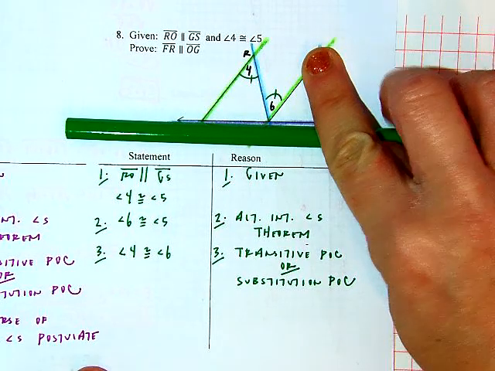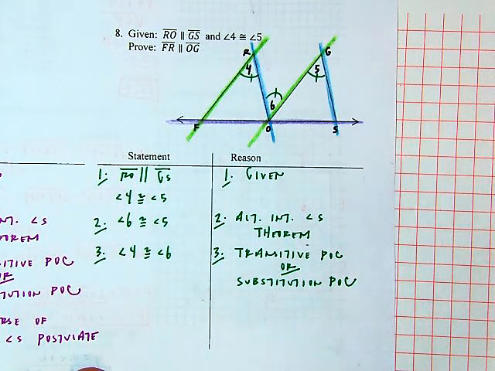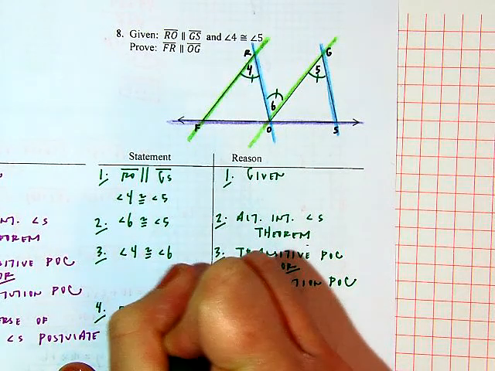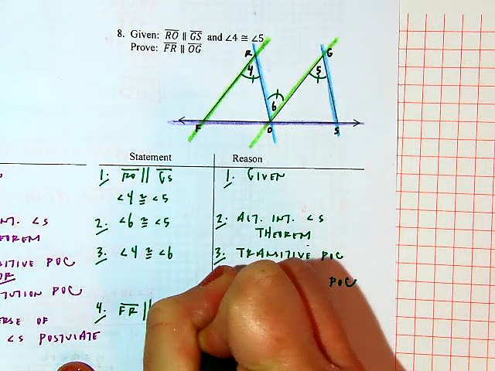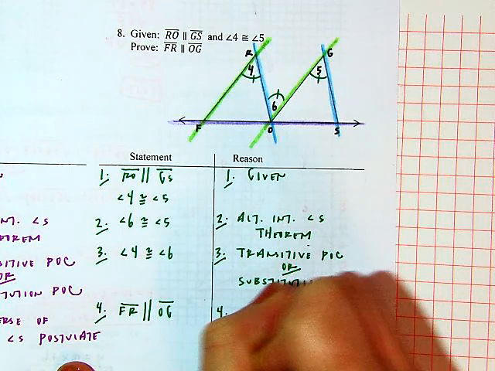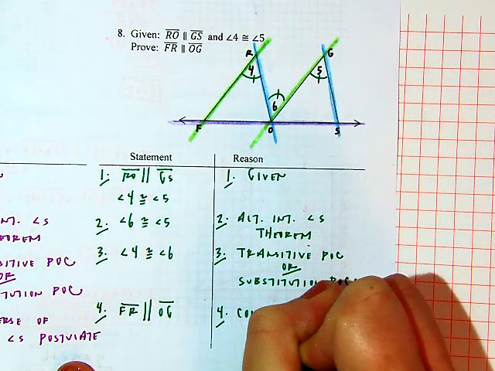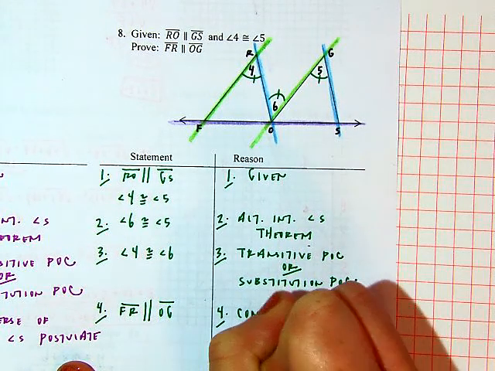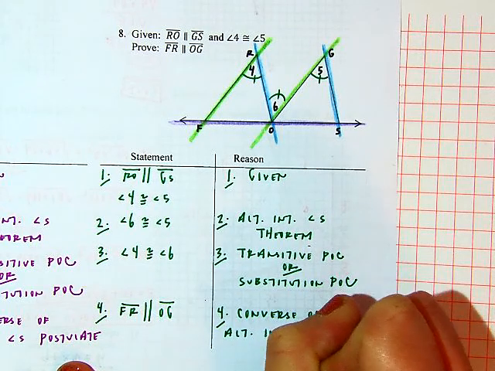So I can reach my conclusion here in step 4. I can say that FR runs parallel to OG using the converse of the alternate interior angles theorem.